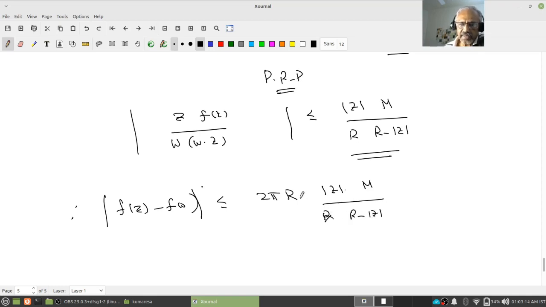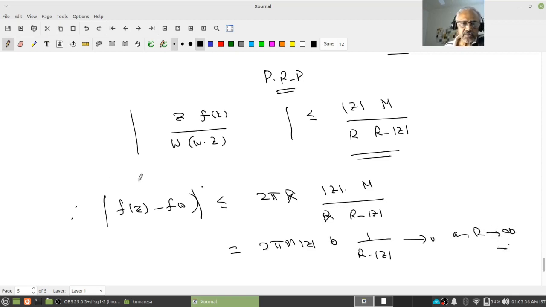So this r gets cancelled. So I have 2 pi m, and then mod z, remember z is constant now because I have fixed z, by 1 by r minus mod z. So that goes to 0 as r goes to infinity.